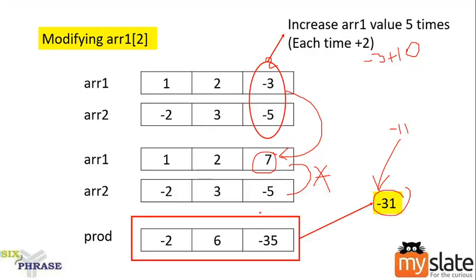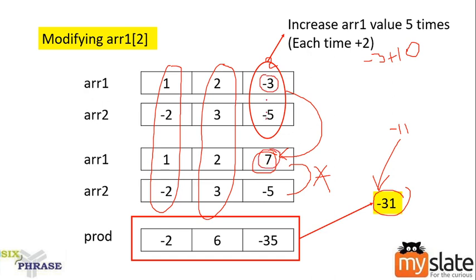See, for all the arrays, for the 0th index and first index I have original values, but when it comes to second index I should consider the modified value only. I'll not consider minus 3. I'll consider the modified product value. Okay.